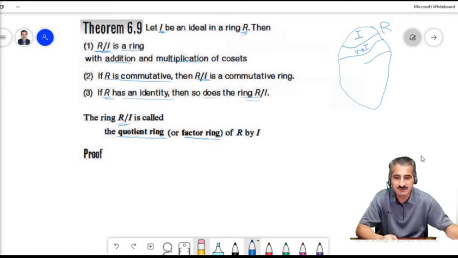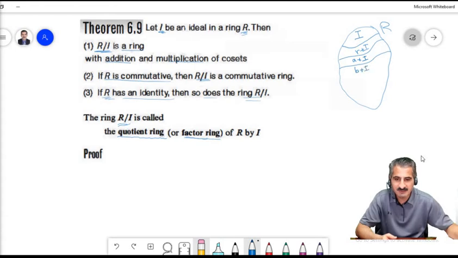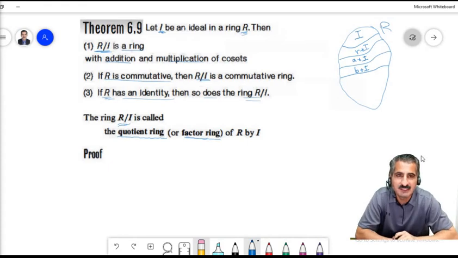Now use another element which is not in I or not in r plus I. Say it is a, and then take the coset. Now choose b, which is not in any of these cosets, and then make another coset, and so on. Now, why did I say choose b which is not in any of these cosets?